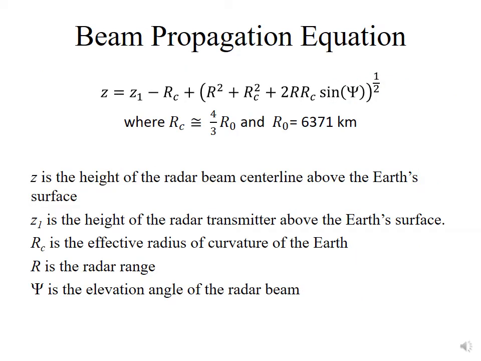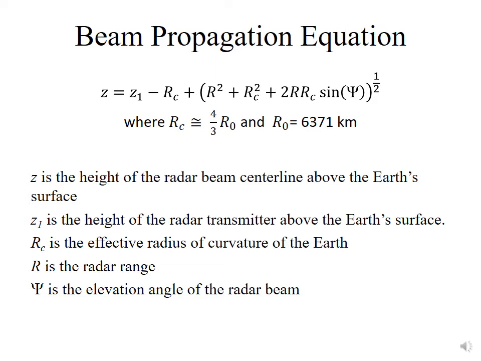So the beam propagation equation: Z, the height above the surface of the radar beam, is going to be equal to the height of the radar transmitter minus the effective radius of curvature of the Earth, RC. We're going to take that RC to be 4/3 times the radius of the Earth, assuming that we have normal atmospheric conditions and we don't have anomalous refraction in the Earth's atmosphere.